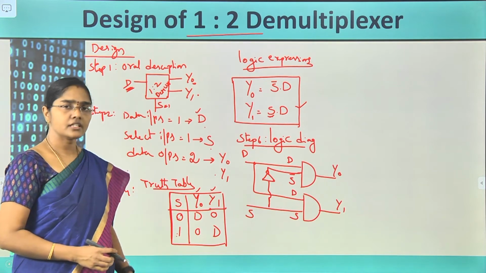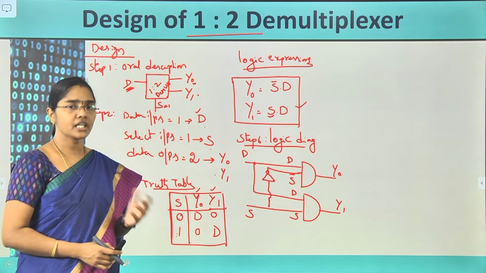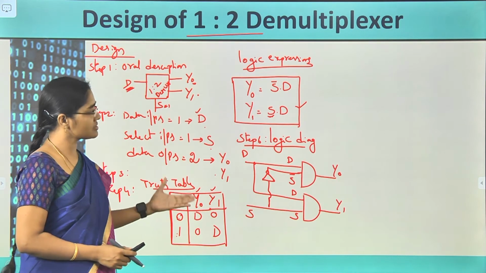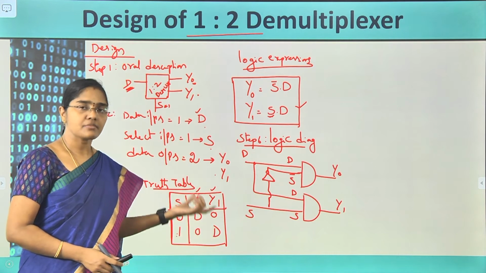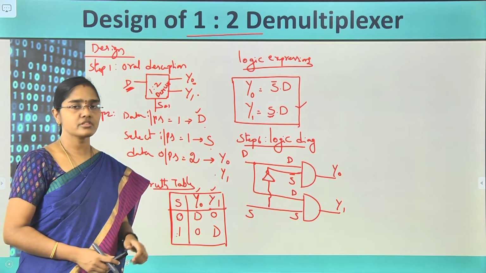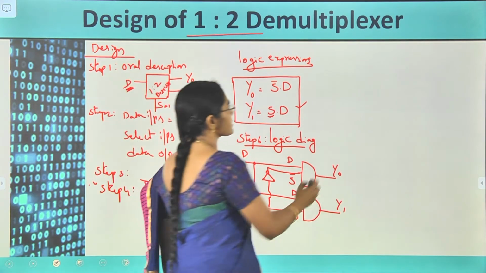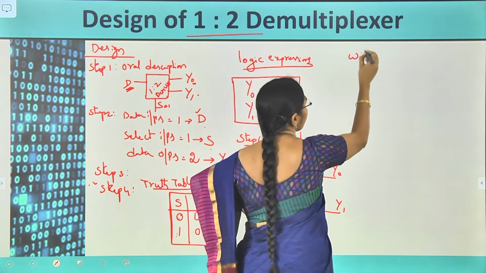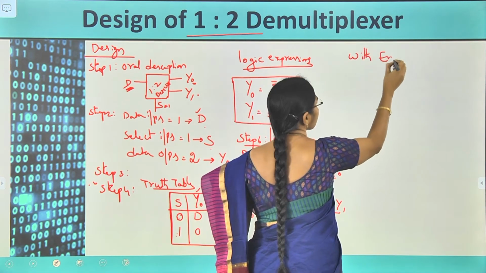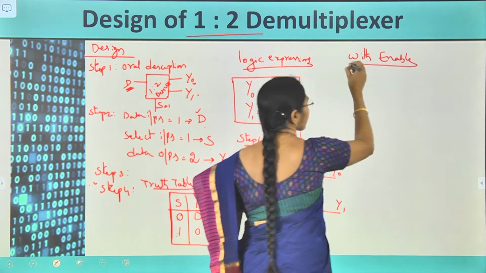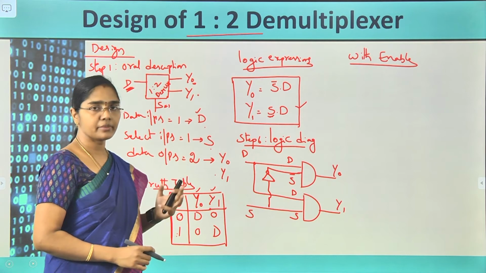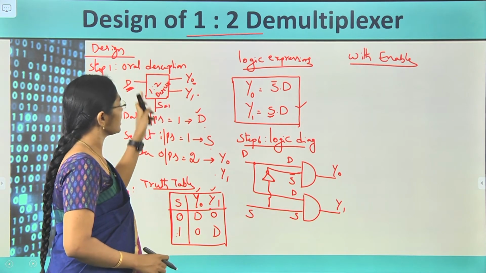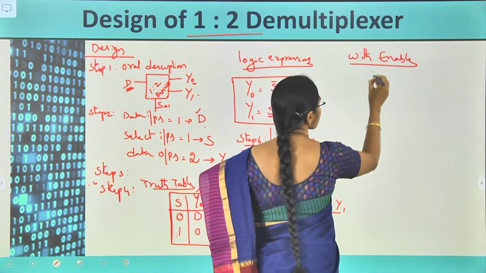And here, if I want to add one enable signal, this is the actual design without any enable signal, and sometimes an enable signal is also used for the demultiplexer. Suppose I have an enable signal also, then with enable, this 1 to 2 demultiplexer can be represented like this.